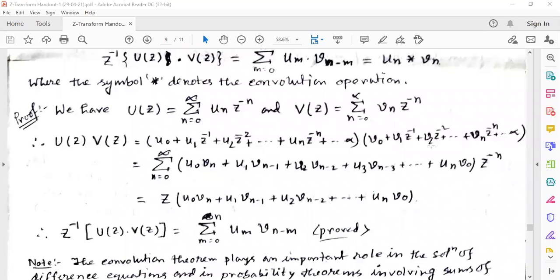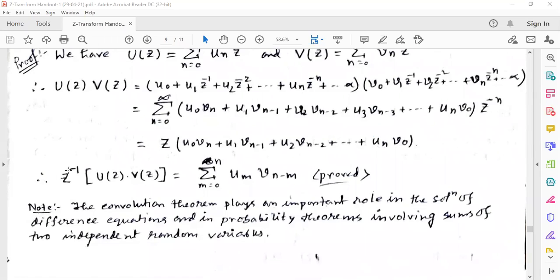After multiplying, the nth term is u0 v(n) plus u1 v(n minus 1) plus u2 v(n minus 2) plus and so on up to u(n) v0, into z to the power minus n. So if we divide by z, then z to the power minus 1 U(z) V(z) equals the summation m equal to 0 to n of u(m) v(n minus m). This is the convolution theorem.